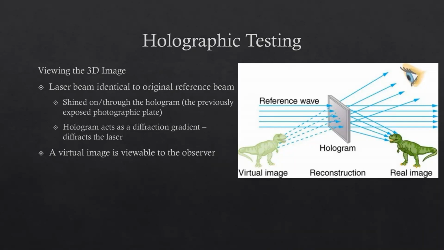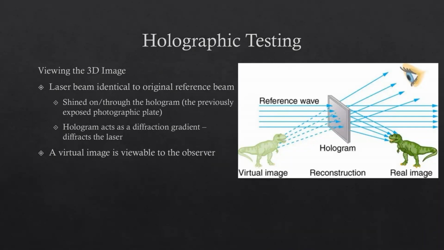It works like a diffraction lens. So the hologram acts as a diffraction grating, which diffracts the laser, which means certain light gets bent towards the eye, other light passes straight, and the light that gets bent towards our eye, the appearance is going to be of whatever object was used to make that holographic plate. Okay. So in this case, this is a virtual image, a viewable one.